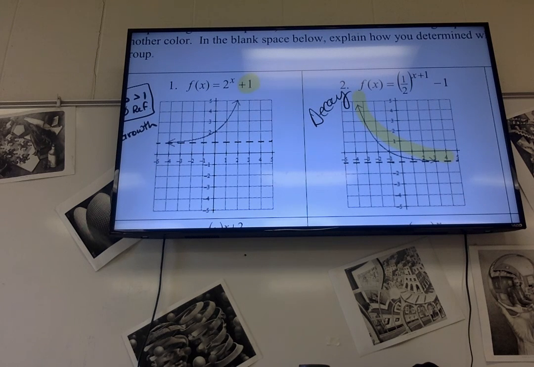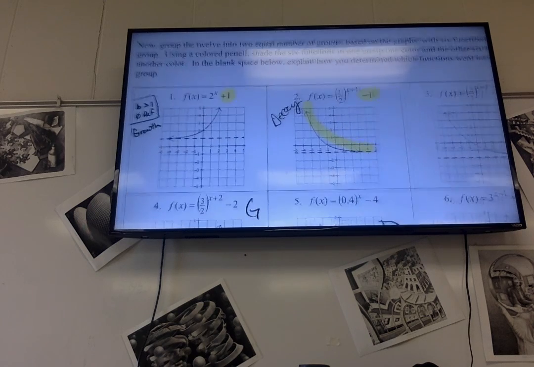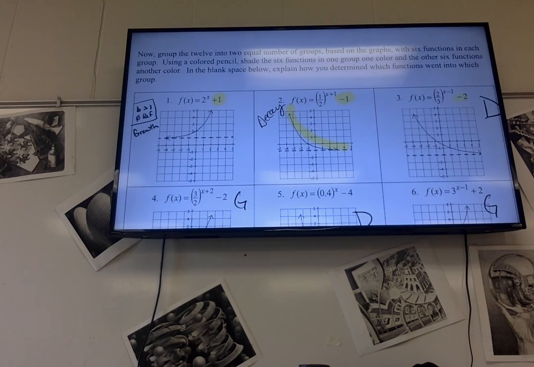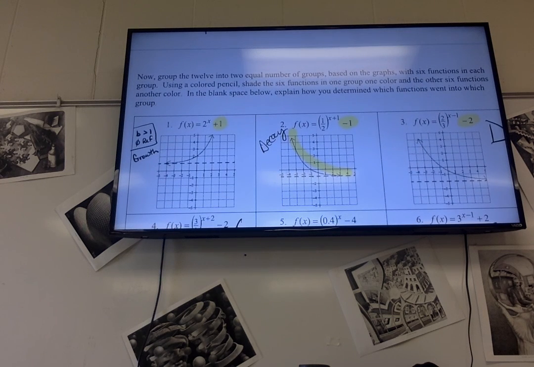On number 2, we're subtracting 1. 3, we're subtracting 2. Do you see anything that corresponds to the 1, negative 1, negative 2 in the picture? When it's subtracting, it makes it lower. Okay. You're lower than what? Like it puts it more down the x-axis.